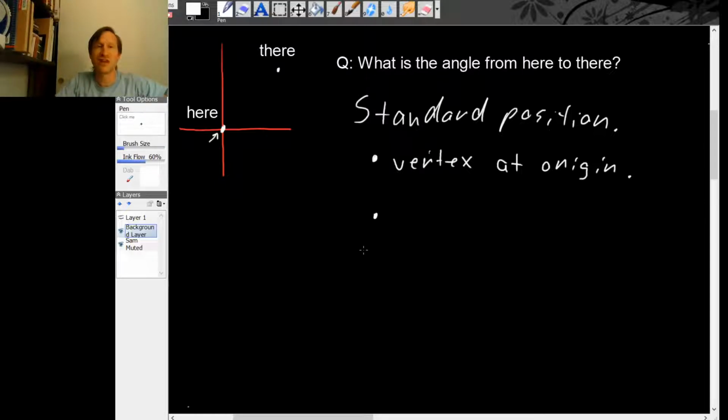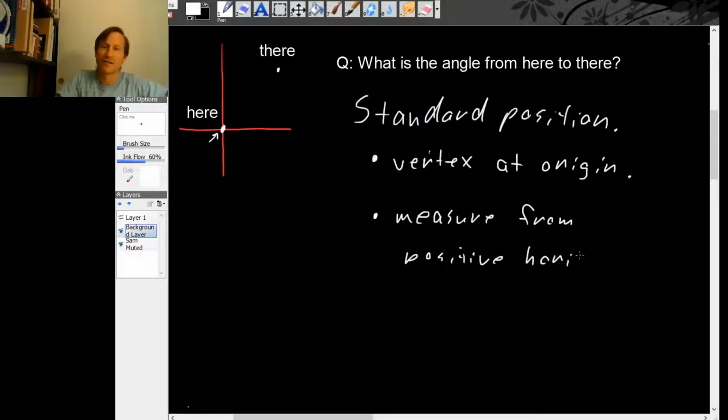Now the second part of standard position is where to measure from. And we're always going to measure our angles from the positive horizontal axis. So that is this blue segment here. So we will always start measuring our angles from there.